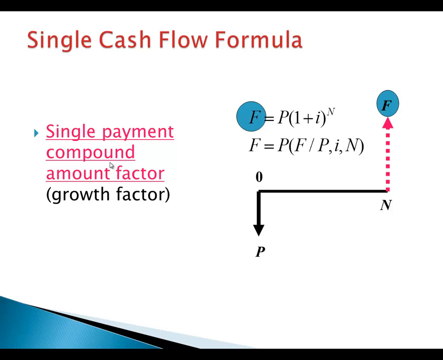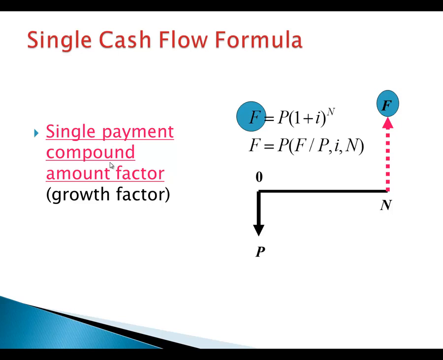The first formula, which is the one that we were always using, is F equals P multiplied by (1 plus i) to the power n. This is called the single payment compound amount factor, or growth factor.